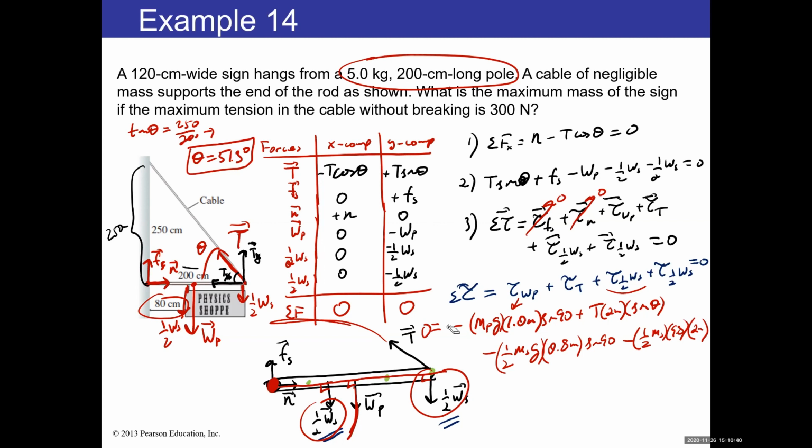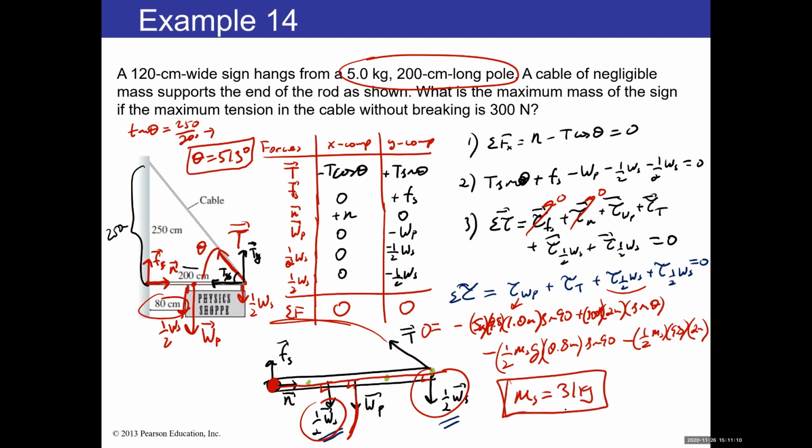All I have to do now is replace the mass of the pole with 5 kilograms, g with 9.8, and the tension with 300 newtons. The only thing I don't have is the mass of the sign; everything else is given. So I can solve for the mass of the sign, and it equals roughly 31 kilograms.